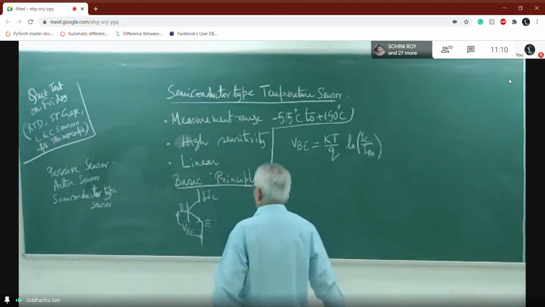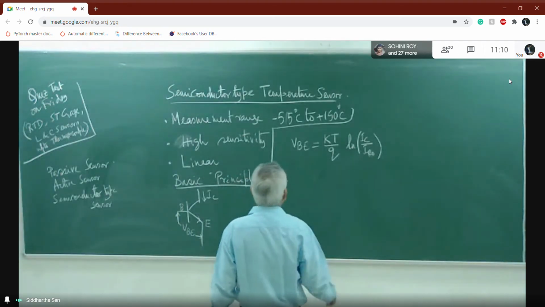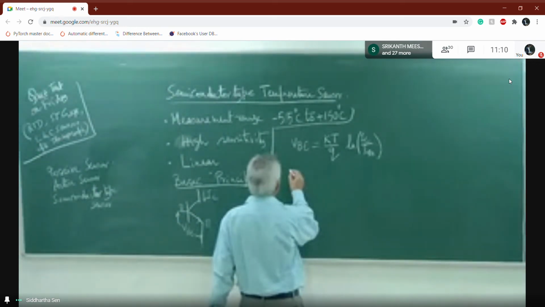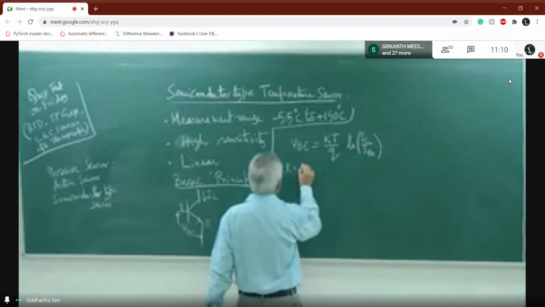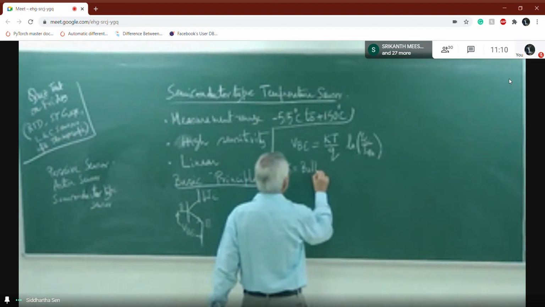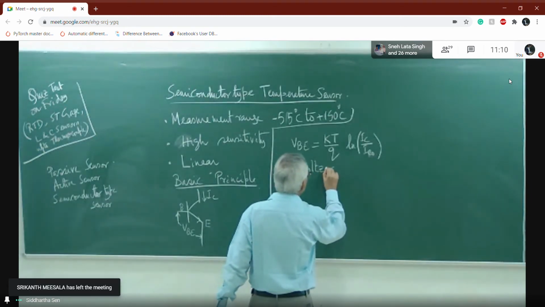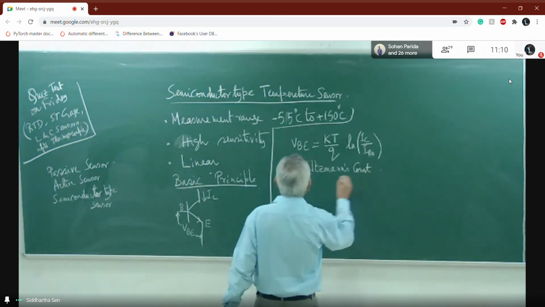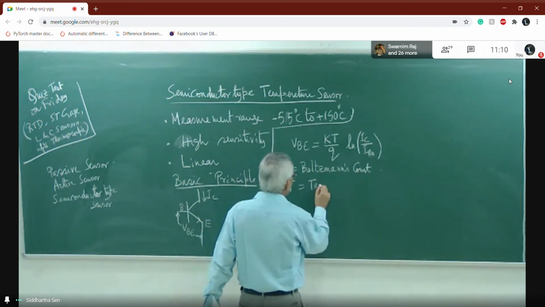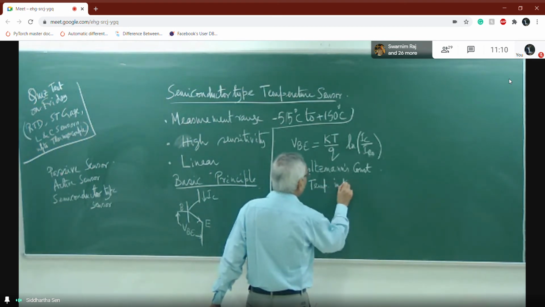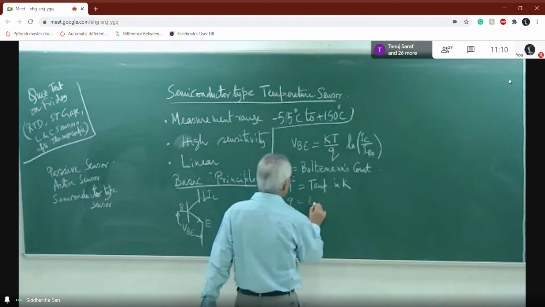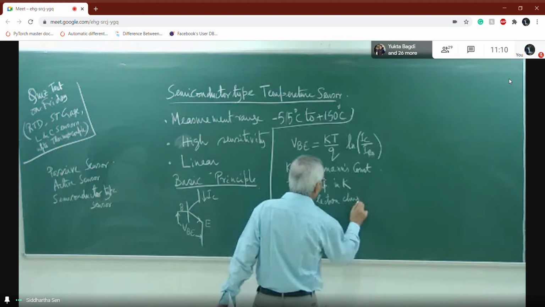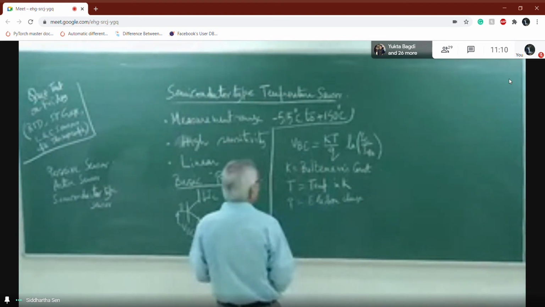This is a well-known relationship: VBE is equal to K into T divided by Q ln IC by IC0, where K is Boltzmann's constant, T is temperature in Kelvin, Q is the electron charge, and IC0 is the saturation current.